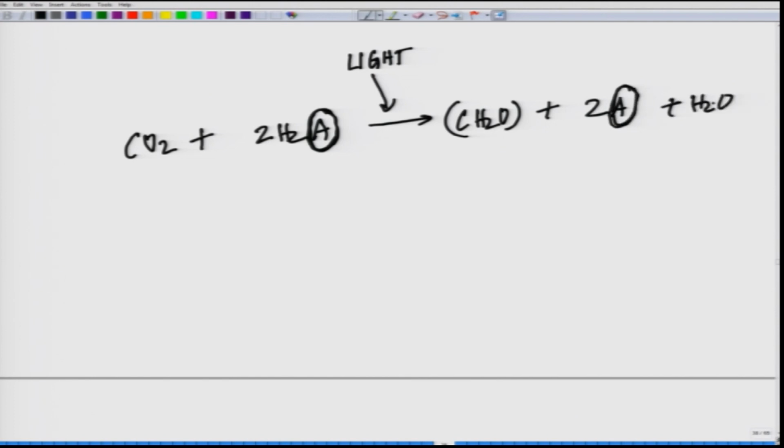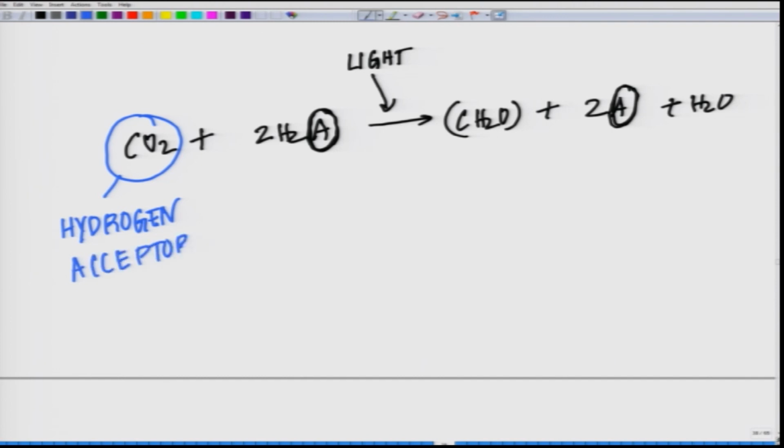Now, what is this A? CO2 here is your hydrogen acceptor. In other words, CO2 is getting reduced, because it is accepting hydrogen. So, this is a reduction reaction happening here, whereas H2A is your hydrogen donor.